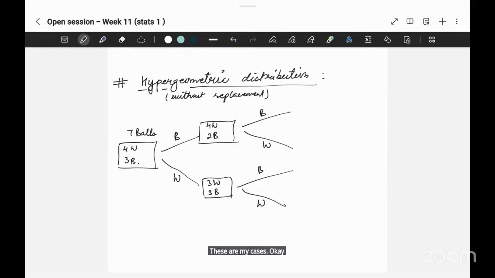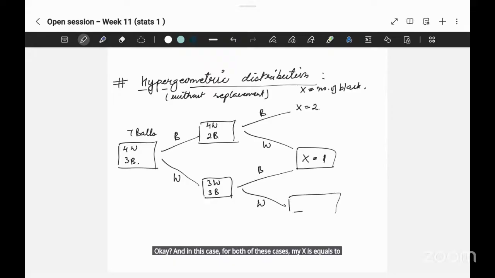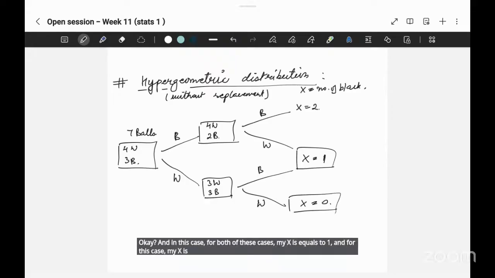Now, the question is, how many black balls do I have? x is basically the number of black balls. So I say that my x is equal to 2 here, and for both of these cases, my x is equal to 1, and for this case, my x is equal to 0. Correct?